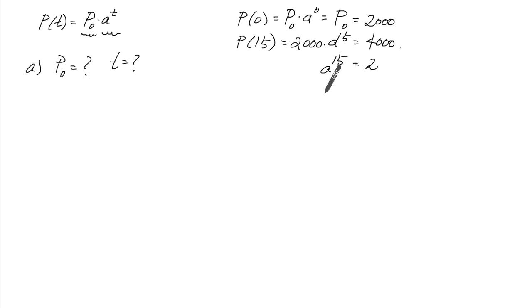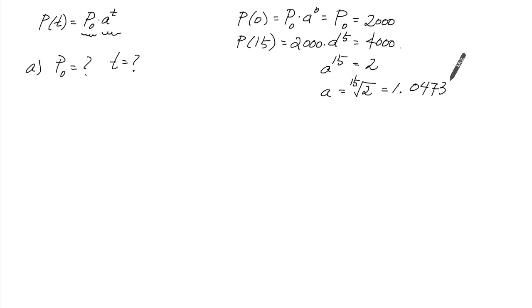Or you could take the 15th root of 2 here, as such. Let's see what that gives us on the calculator. The 15th root of 2 gives us 1.0473.